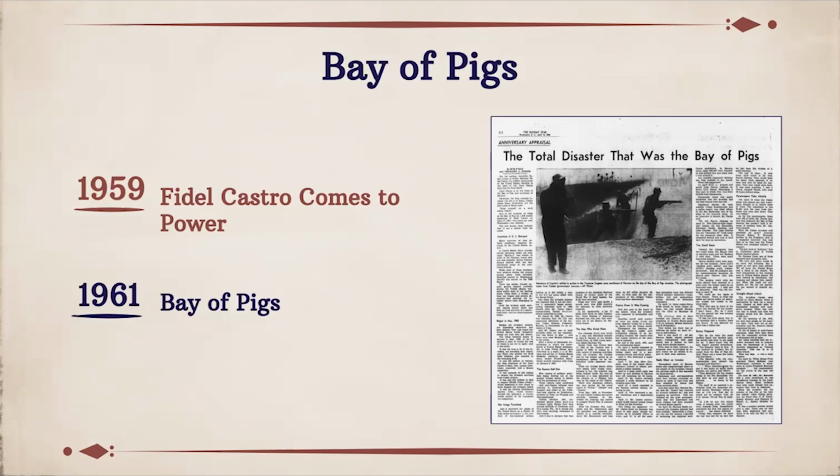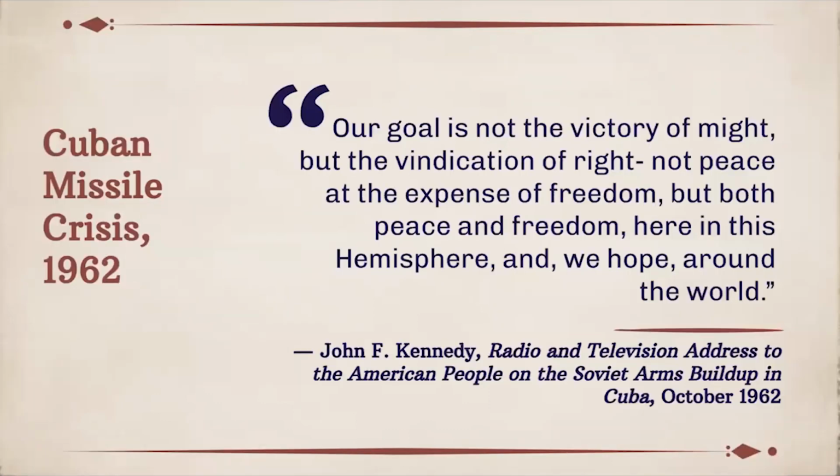Ultimately, Attorney General Robert F. Kennedy was able to work with some pharmaceutical companies and baby food manufacturers in order to settle with Castro on $53 million worth of baby food and medicine in exchange for the prisoners. Kennedy took personal responsibility for the failed invasion. He issued a speech afterwards, and ultimately it ended up being a negative mark on his entire presidency. The following year, there is the Cuban Missile Crisis.